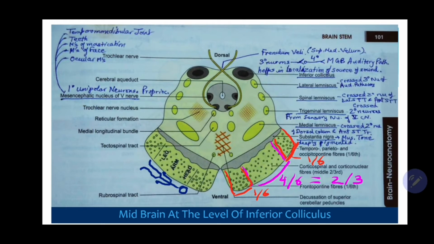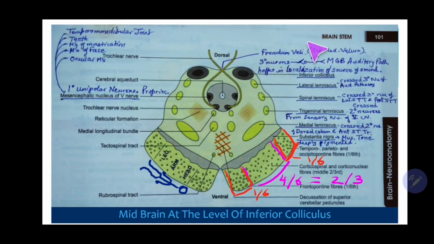About the trochlear nerve nucleus, these are the nuclei from where the lower motor neurons emerge with their intraneural course. They wind around the gray matter and reach dorsally, and they decussate here in the superior medullary velum.